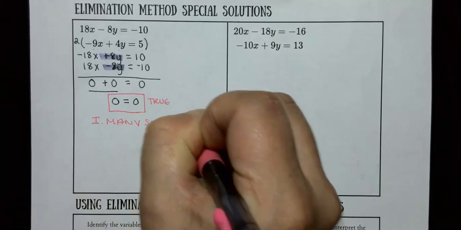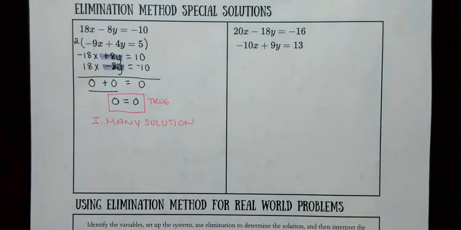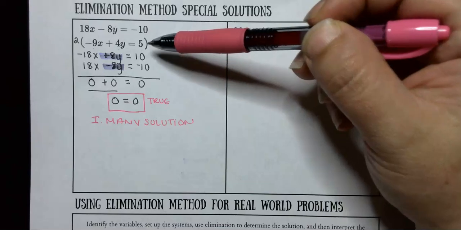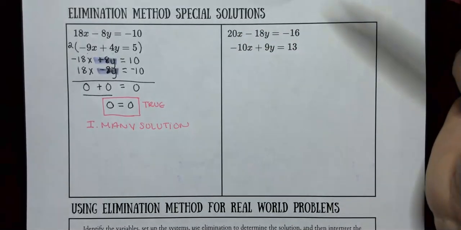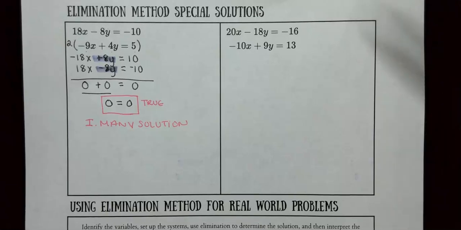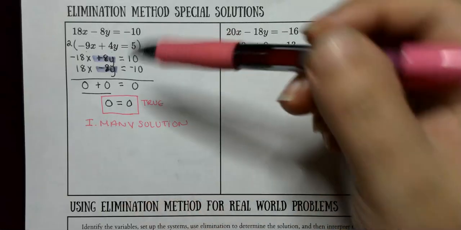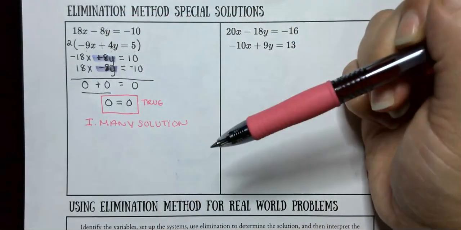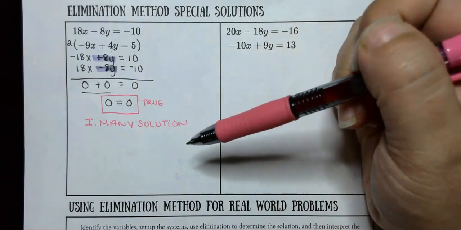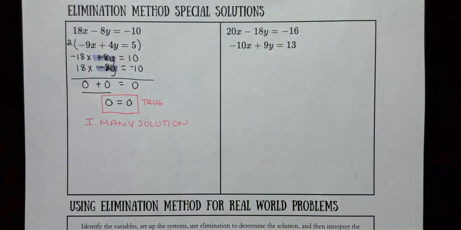If you were to graph this on a coordinate plane, you would find out that this line is the same thing as this line, and they would be one on top of the other. So your graph would only look like one line because they would be the same. Okay? So if you have your x's and your y's both eliminate, then just ask yourself if what's left over is true, so you can write infinitely many solutions.